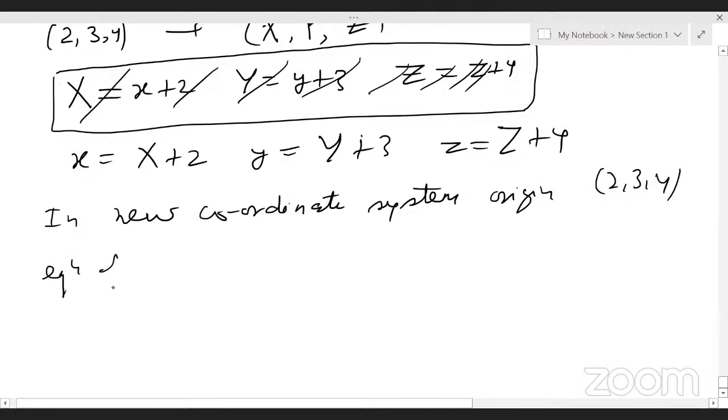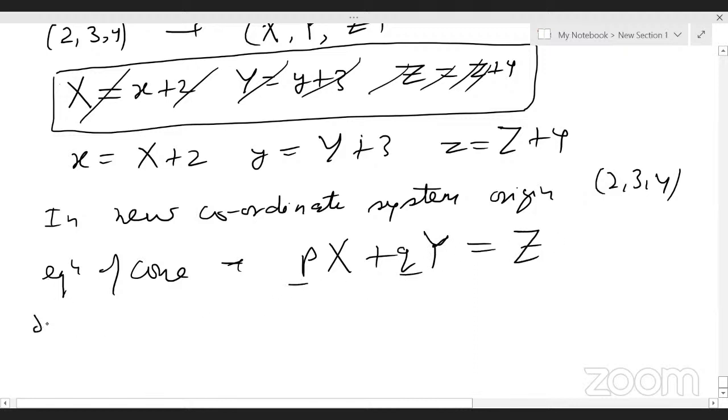So the equation of cone at 2, 3, 4, that is the equation of cone at origin we just solved, will be P capital X plus Q capital Y equal to capital Z. I didn't change the P and Q because del z by del x is equal to del z by del capital X, because a constant doesn't change the differentials, that we know, right? This is the reason I didn't write capital P. You can write capital P and you can also say capital P equal to small p.